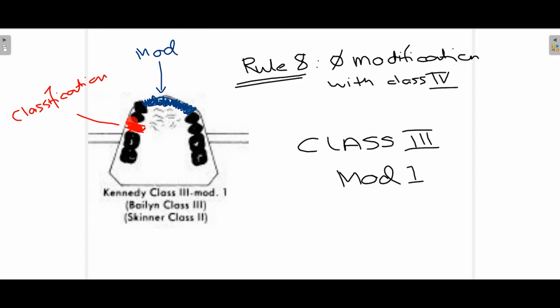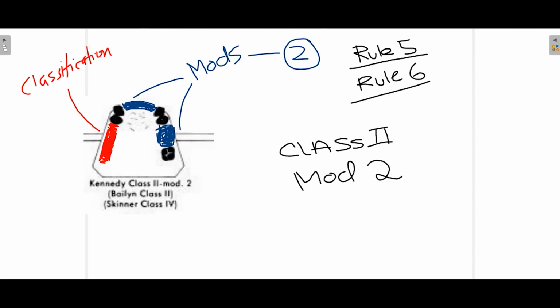This edentulous red area will determine our main classification. So in this case it will be class 3 because it's a unilateral bounded saddle. Teeth are present anteriorly as well as posteriorly. So this will be class 3, and since there is only one other edentulous area where there are no teeth, this will be mod 1.